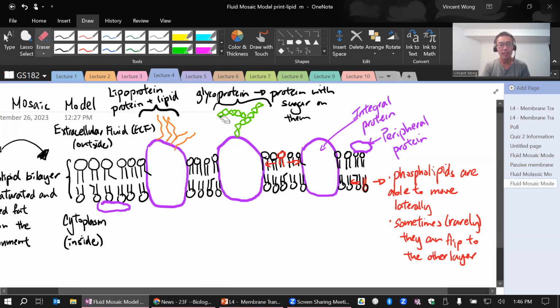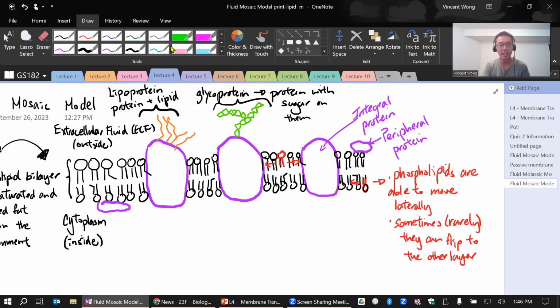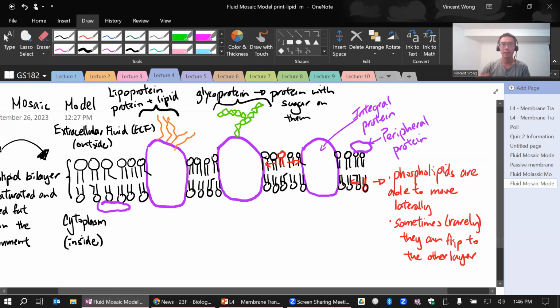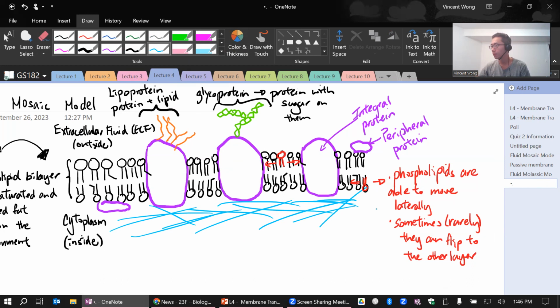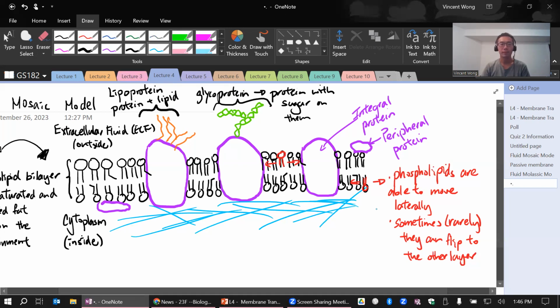Now these proteins need to attach to something. Otherwise, the whole membrane is just going to tear off easily. So you're going to have these blue lines here. We learned this earlier today. Can you tell me what those are? Please tell me you know what they are. The filament thing? That's right, the filament thing.